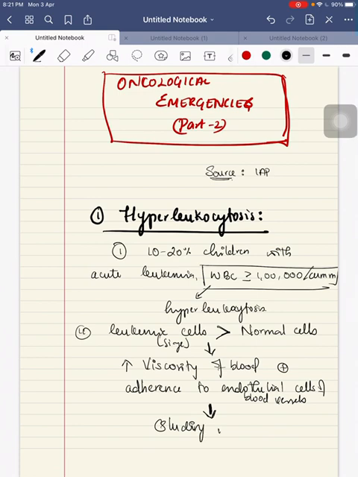So this causes sludging of the cells in microcirculation.